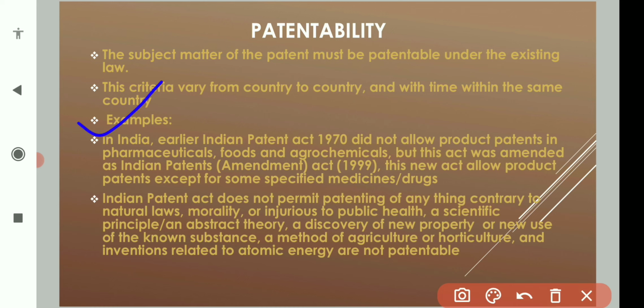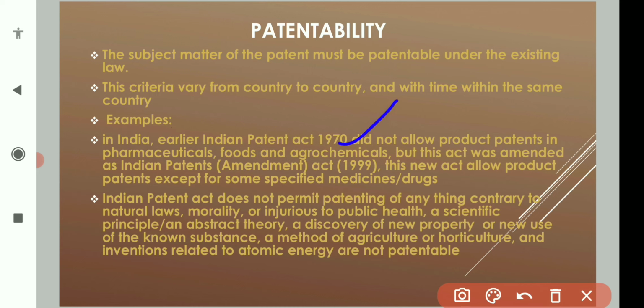For example, in India, earlier the Indian Patent Act 1970 was there, which did not allow product patent in pharmaceuticals, in food and agrochemicals, but this act was amended in India as the Indian Patent Amendment Act 1999. So in 1970, the Patent Act did not allow patent in pharmaceuticals, in foods, in agrochemicals.